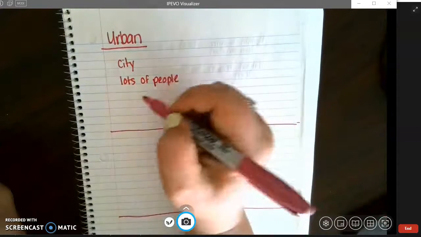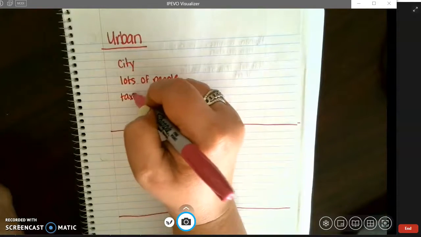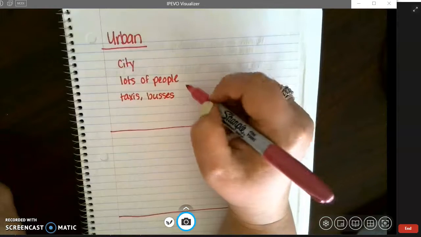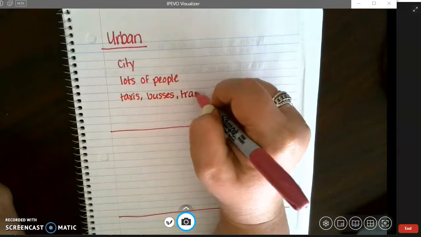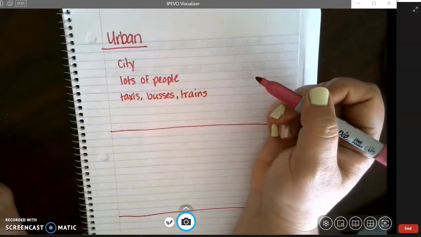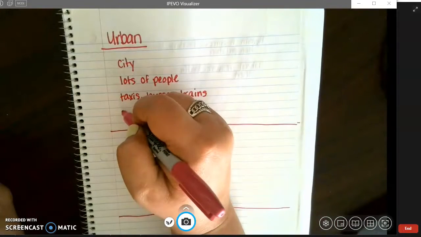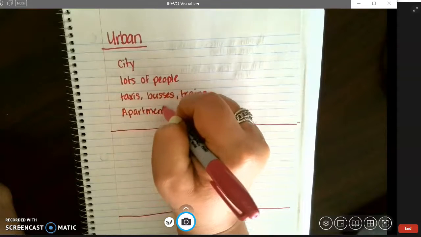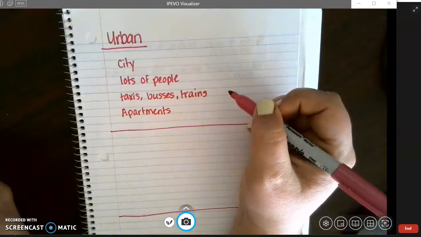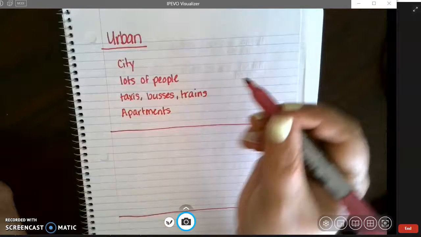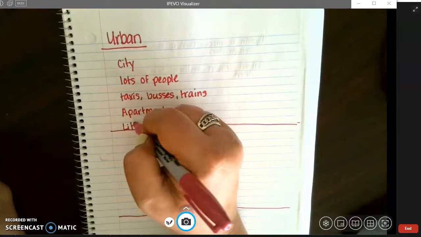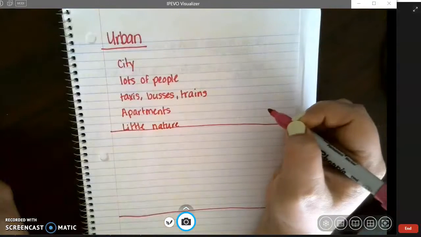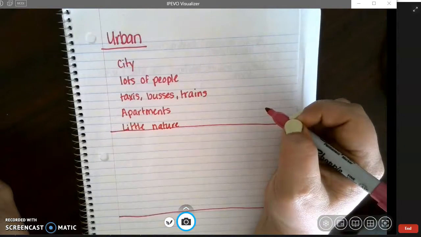People get around the city by using taxis, buses, and trains. There's other ways, obviously, but these are some. Cities usually have more apartments and less houses, so that way more people can live in a smaller area. There is usually little nature, maybe a few trees, a few plants, but not very much nature.